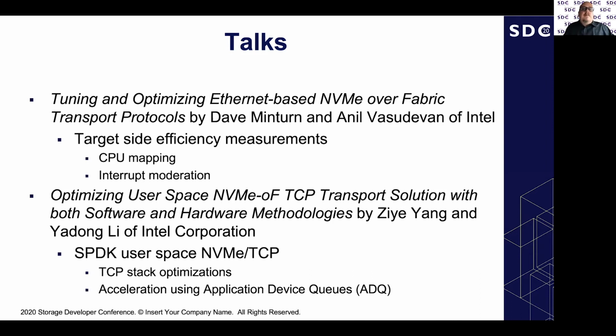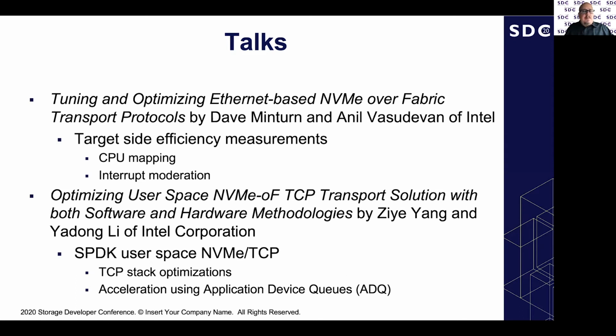And then after that, I put down tuning and optimizing an Ethernet-based NVMe Fabric transfer protocols. This is also a talk about adding efficiency to NVMe Fabric implementations, and tuning those for the optimal performance.